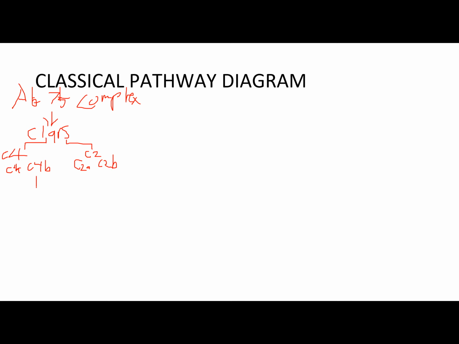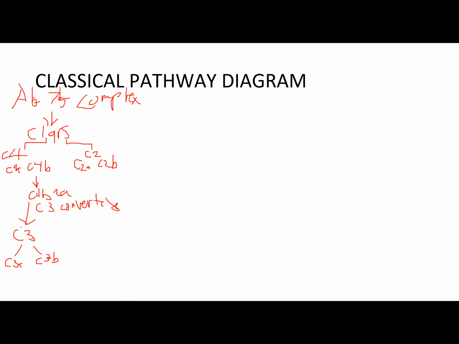Now, what happens here is that C4B, which is separated, will cause C2A to attach to it, forming C4B2A, which is now known as the C3 convertase. Now, C4B2A would now cleave C3, forming C3A and C3B.